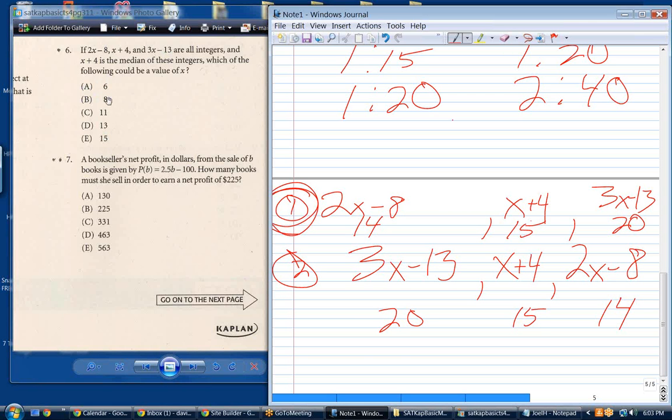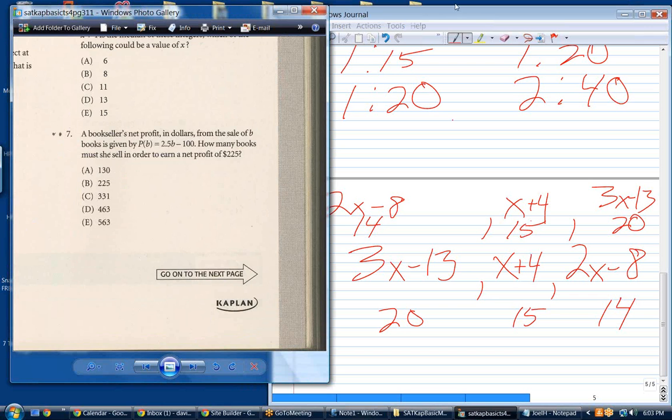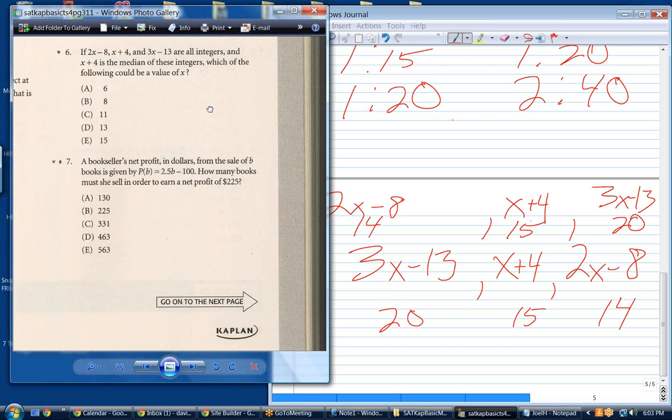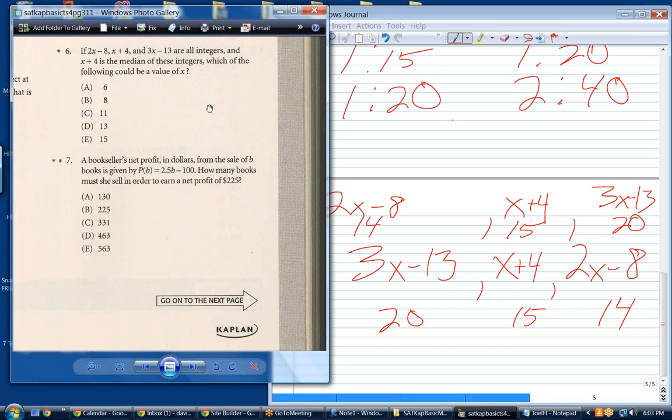And then we got to 11. Luckily, they didn't make 15 the correct one. It would have taken longer. And that one, number 6, I'm not sure how to do without back solving. There are a lot of problems on the test that are kind of like this, so you need to really get used to the back solving method.